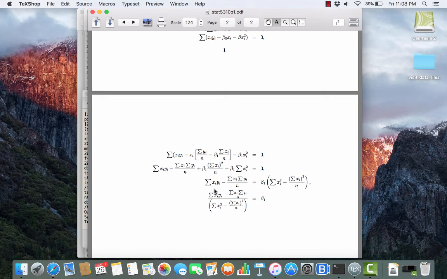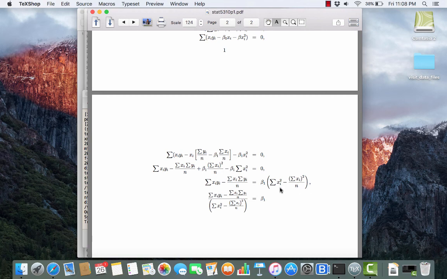Okay? So then, here again, I want to solve for beta 1. So I'm going to push the beta 1 terms over on the right-hand side. So beta 1 is equal to summation of the xi squared minus summation of the xi, the quantity squared, over n.